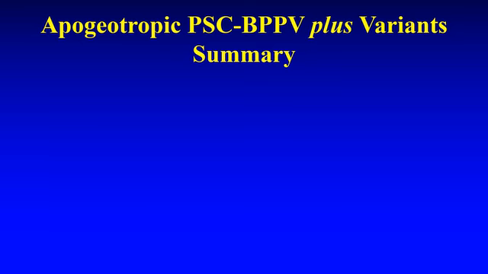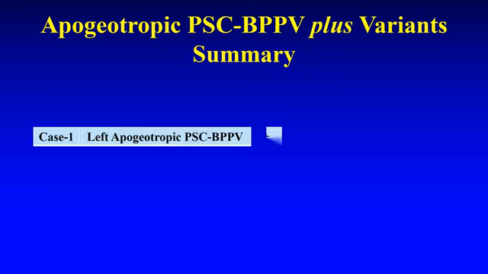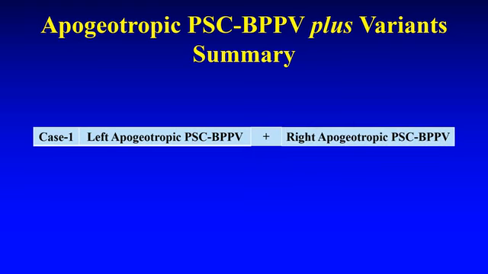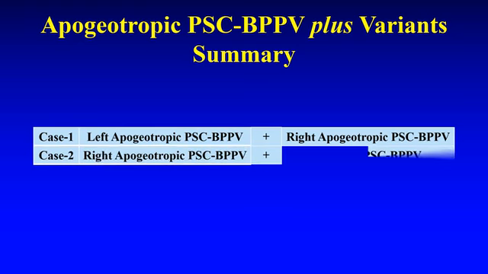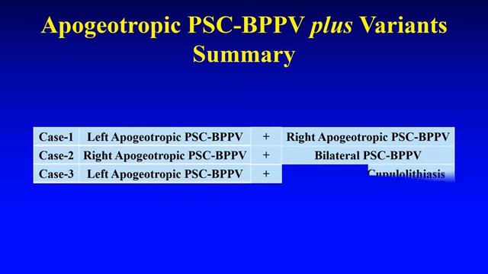So the summary of the variants: case 1, left apogeotropic posterior semicircular canal BPPV plus right apogeotropic posterior canal BPPV. Case 2, right apogeotropic posterior semicircular canal BPPV with bilateral typical posterior semicircular canal BPPV. Case 3, left apogeotropic posterior semicircular canal BPPV plus left posterior semicircular cupulolithiasis.